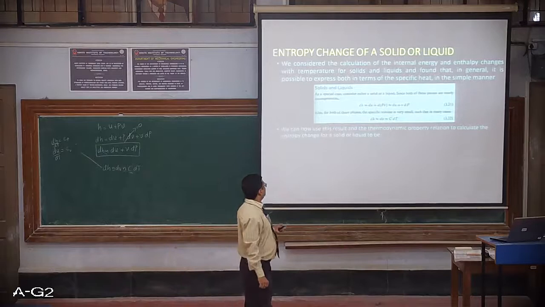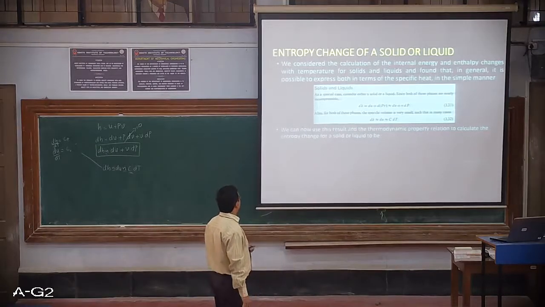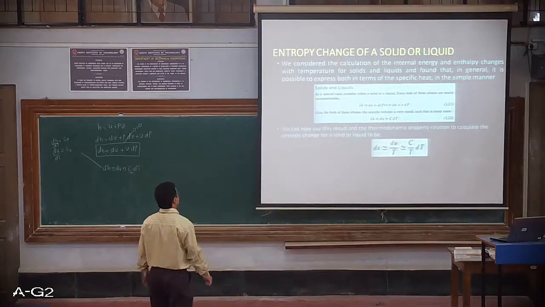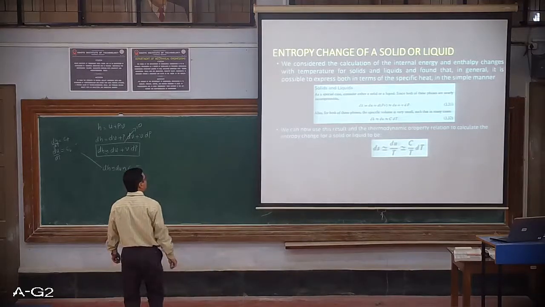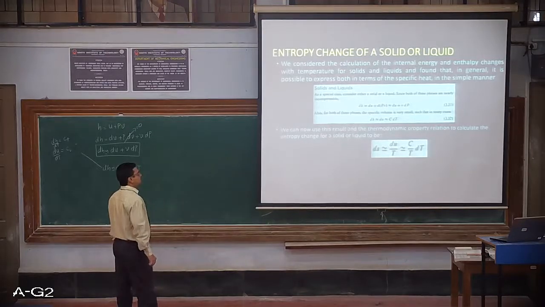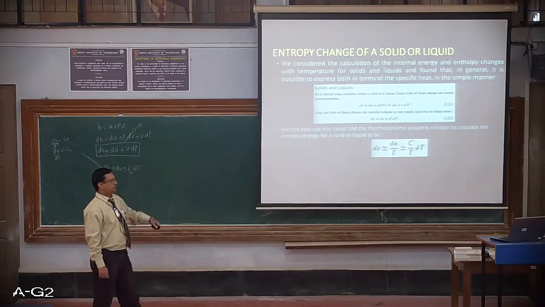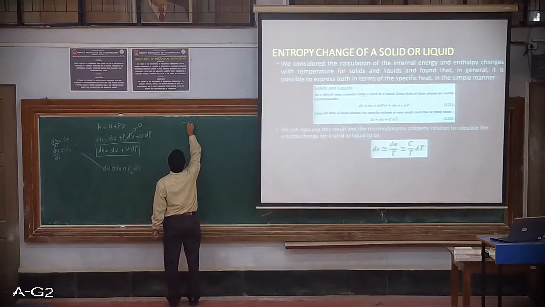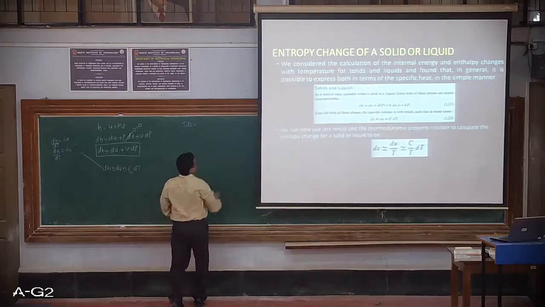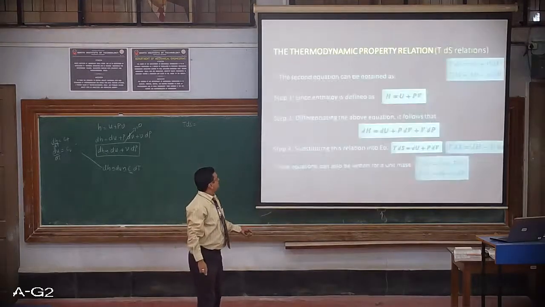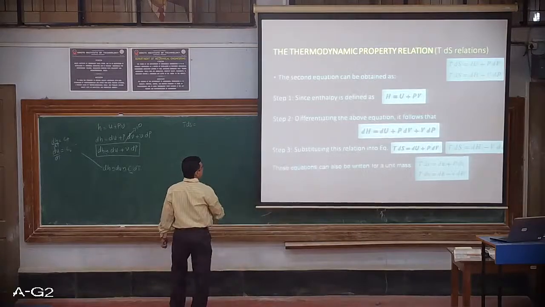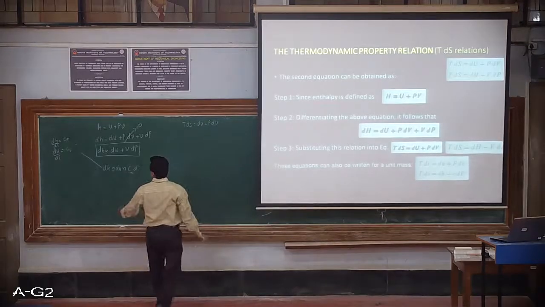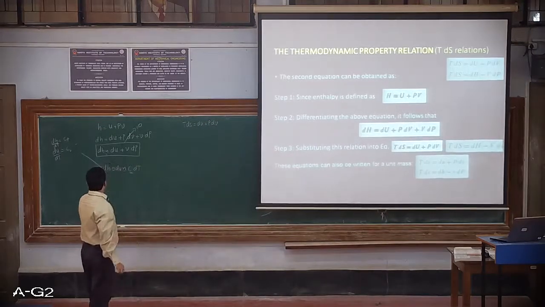Now we can use this result and thermodynamic property relations to calculate the entropy change for solid and liquid in this particular expression. dS is simply equal to dU by T, or C by T dT. Whatever earlier equation we have used, I'll just write it here: T dS is equal to dU plus P dV, and this expression of dU is equal to C dT.